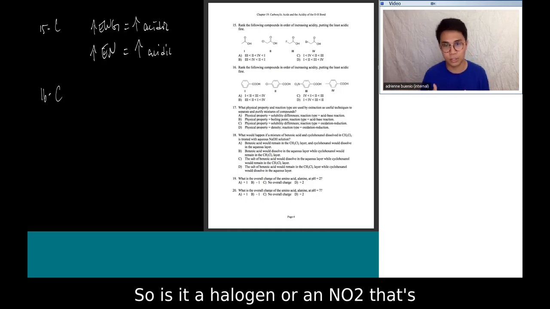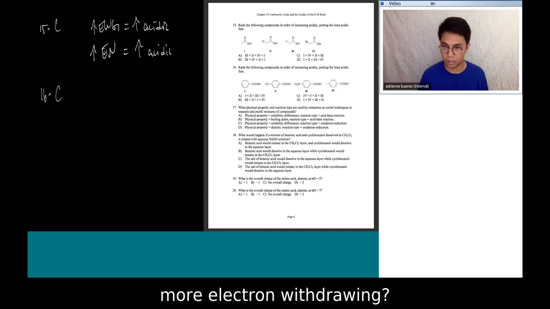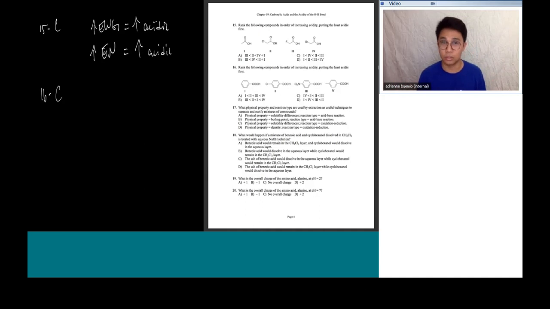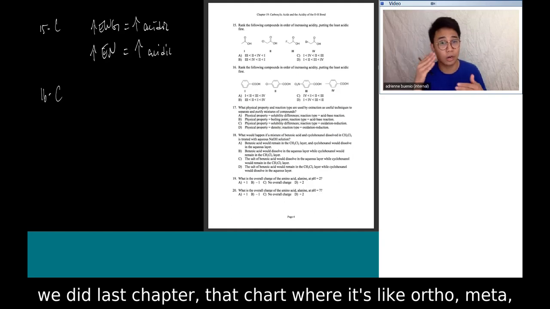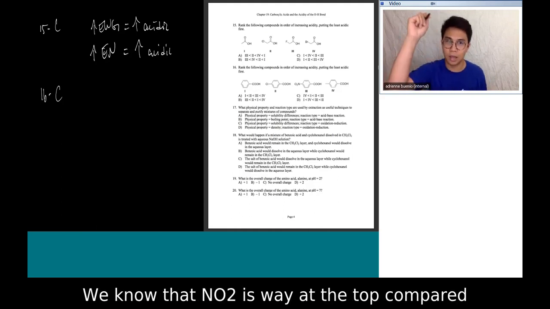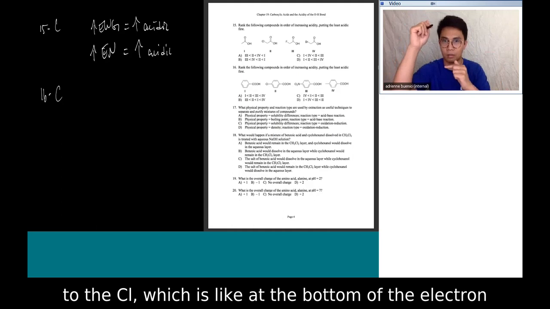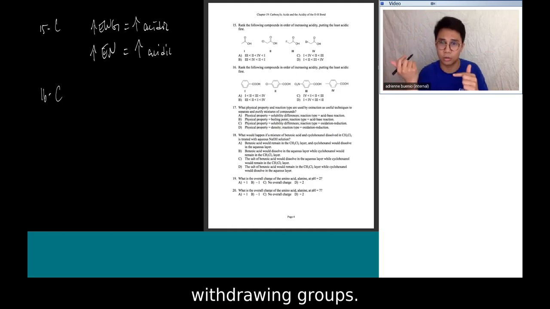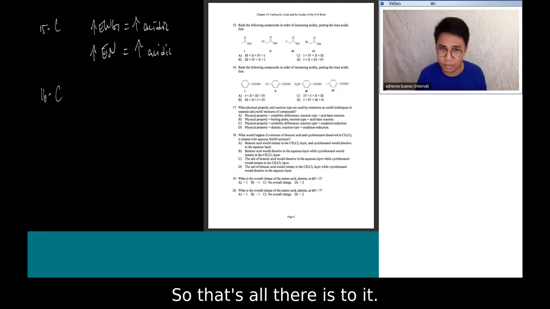So is it a halogen or an NO2 that's more electron withdrawing? Well, if you think back to that chart we did last chapter, the chart with ortho, meta, para, and activator, deactivator, we know that NO2 is way at the top compared to the Cl, which is at the bottom of the electron withdrawing groups, right? So that's all there is to it.